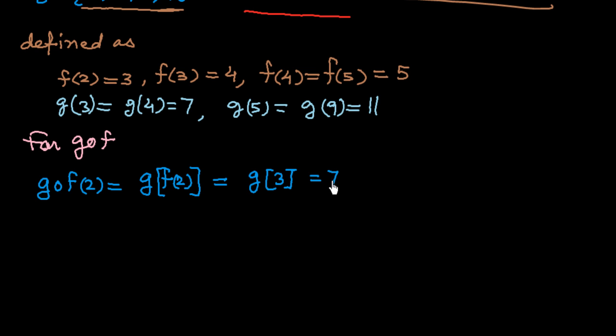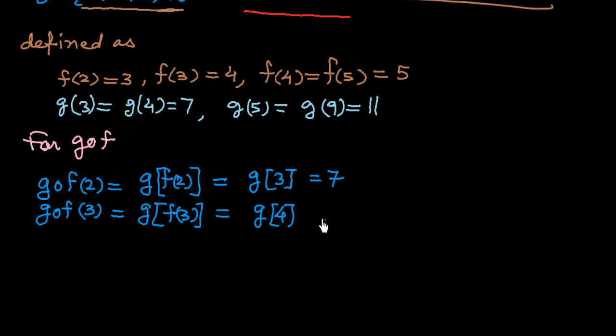Now (g∘f)(3): f of 3 is 4, so we find g of 4, which is also 7.